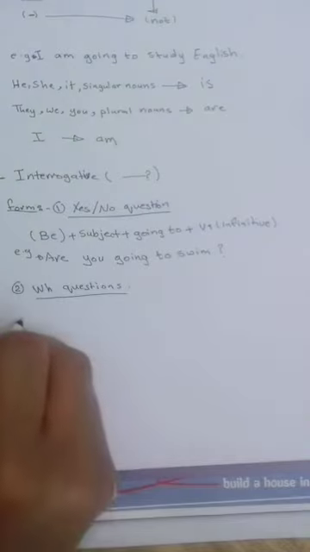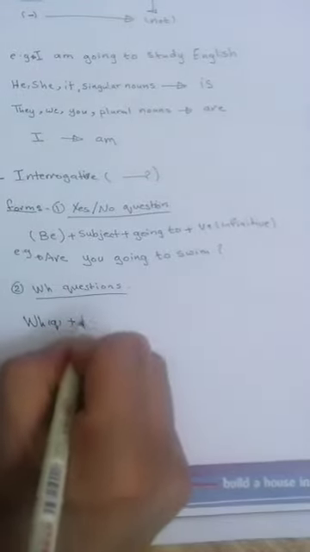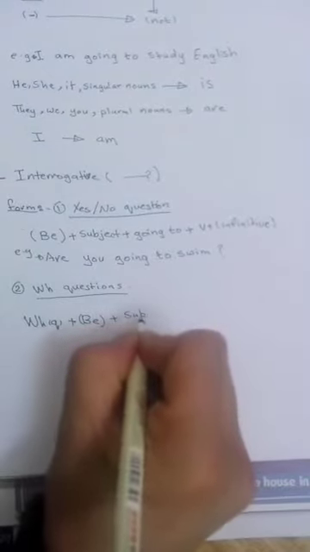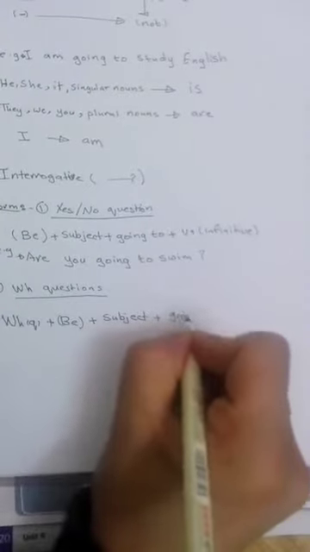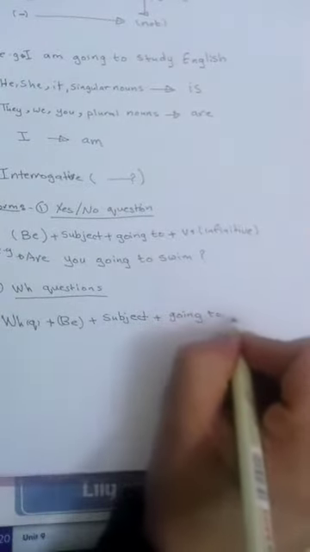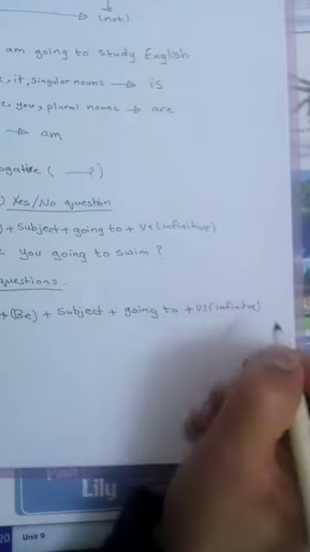At the beginning, we put the WH question plus verb to be plus the subject plus going to plus verb 1, which is the infinitive, and plus the rest of the sentence and the question.